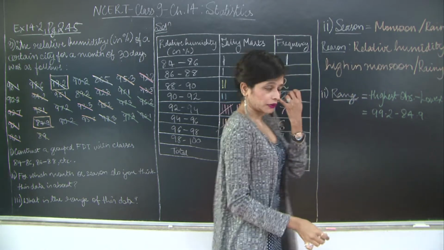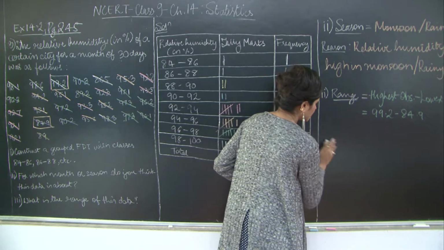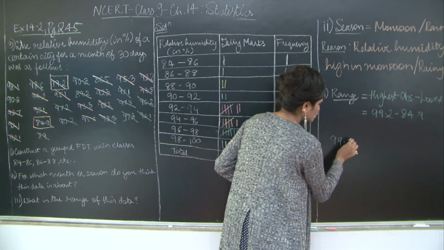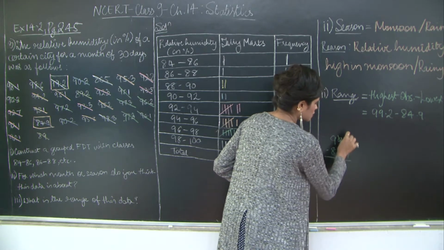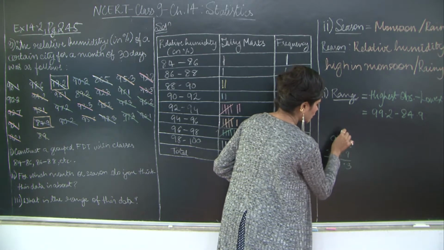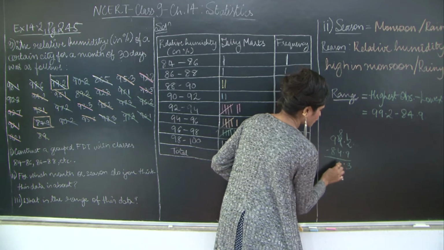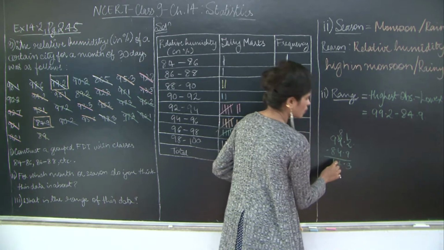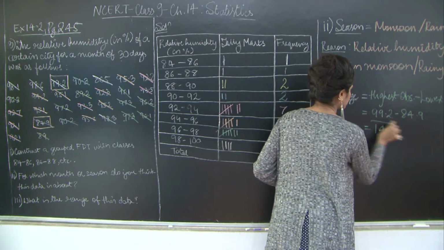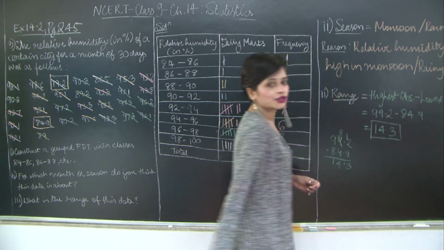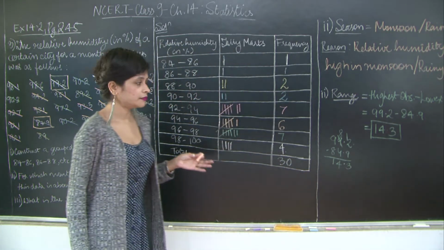So let's do this calculation separately. 99.2 minus 84.9. So 9, 10, 11, 12, 3, you get 8 here. So 8 minus 4 is 4 and 9 minus 8 is 1. So the range is 14.3. So this is the solution to the third sum. Please take a look.